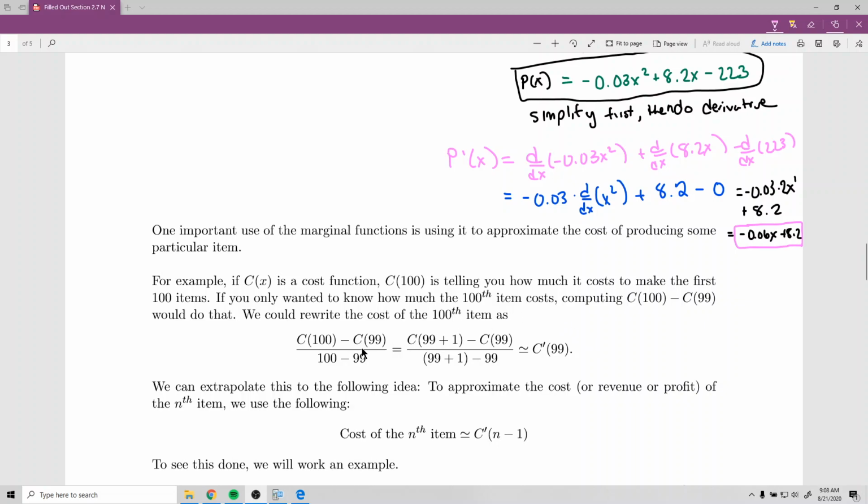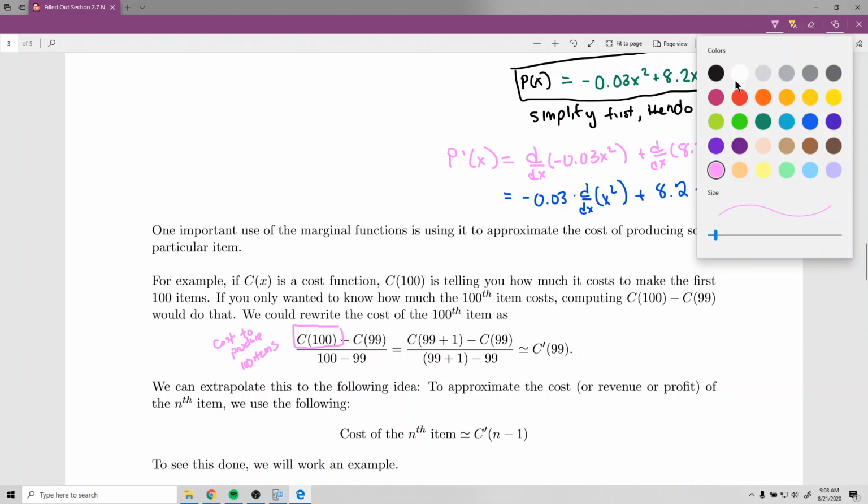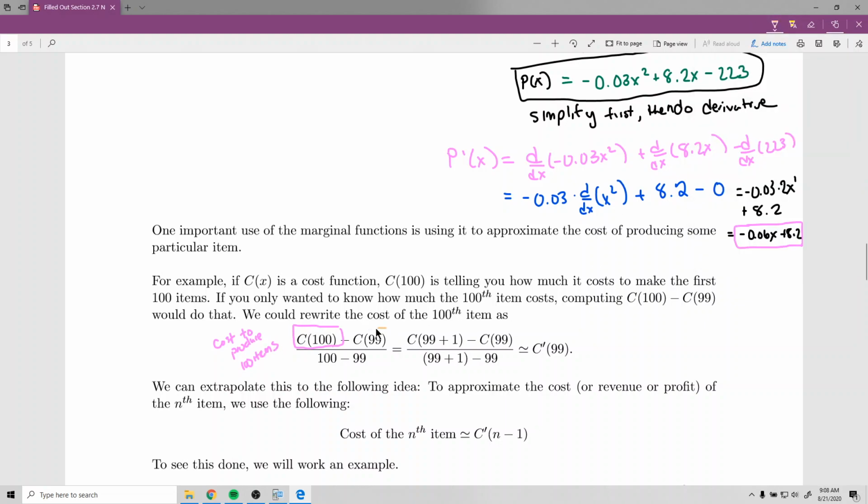C of 100 is the cost to produce 100 items. C of 99 is the cost to produce 99 items. And if you subtract them, what you're left with is the cost to produce only the 100th item.